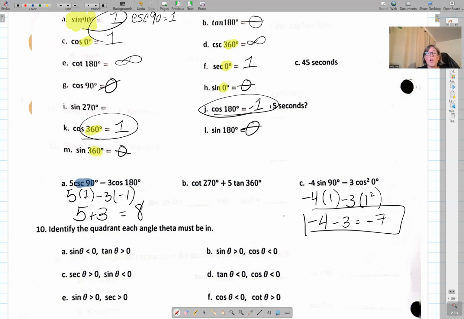So these are called quadrantal angles. And there is a big chart that you can make and do all 4. And I did all 4. You might want to take a picture of this if you can. Let me stop share.